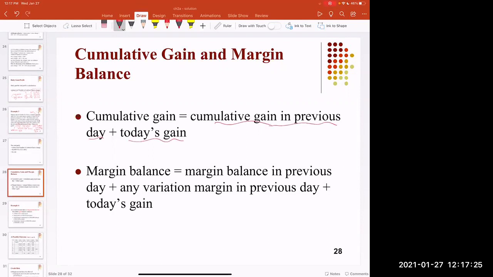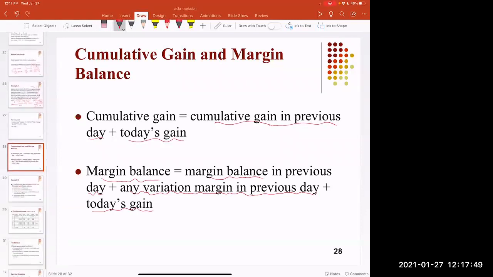Margin balance is calculated by the margin balance in the previous day plus any variation margin, remember I had an example on the variation margin last class, and plus today's gain. That's the formula. You don't need to memorize the formula, but you need to know how to use it.